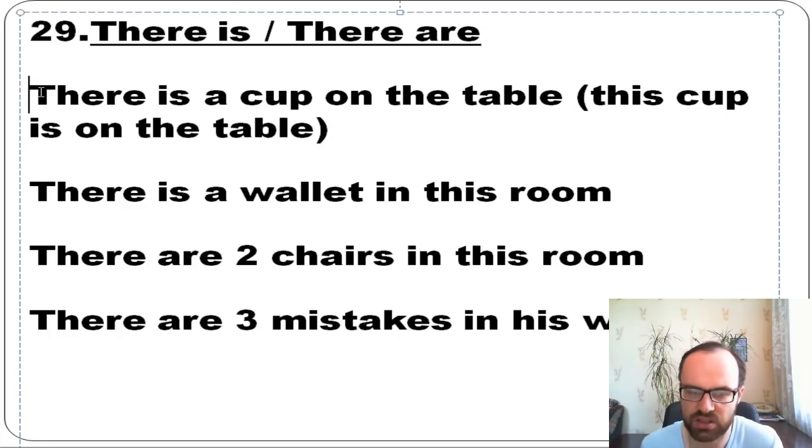So just this structure: there is a, if it's one. There is a cup on the table. There is a wallet in this room. It means that the wallet is in this room.